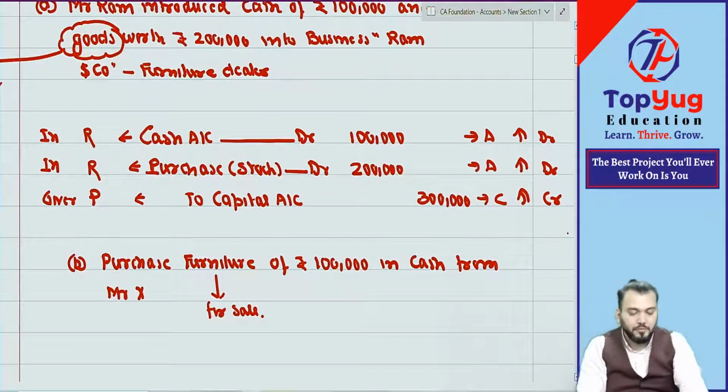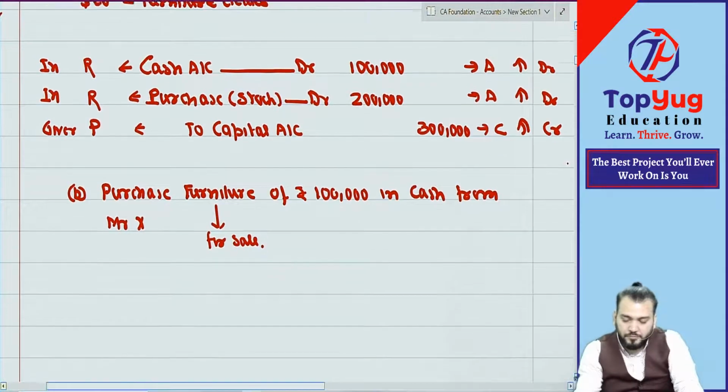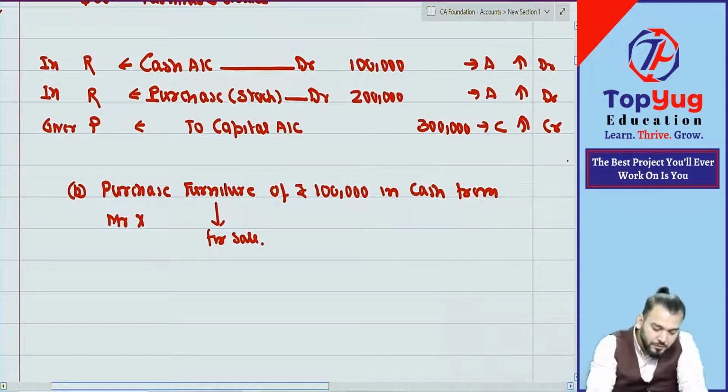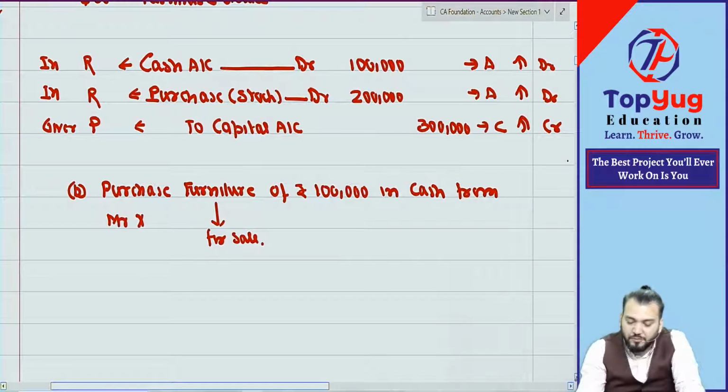Got it? Can we discuss now? You permit? Tell me, in the second transaction, what are the two aspects?